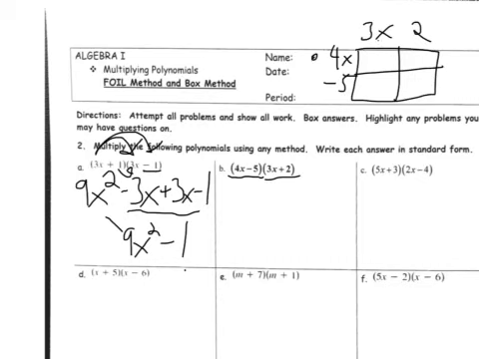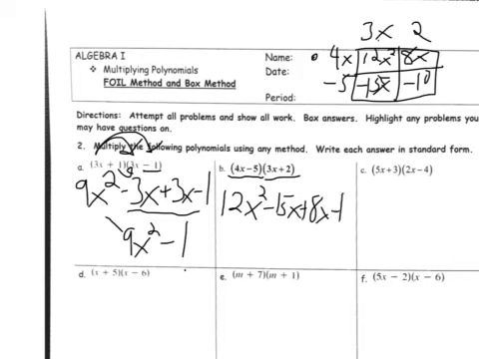So 4x times 3x is 12x squared. And then I have negative 5 times 3x is negative 15x. And then 4x times 2 is 8x. And then negative 5 times 2 is negative 10. I then take my answers from my box, put them in a row: 12x squared minus 15x plus 8x minus 10.